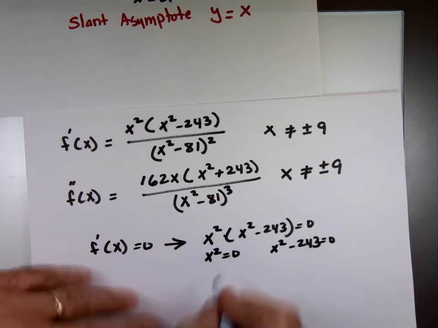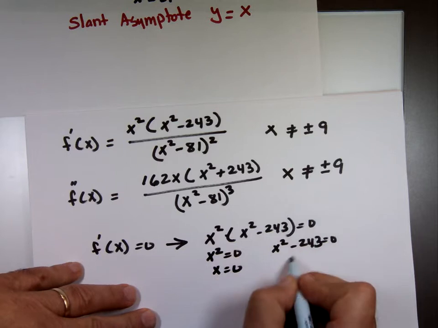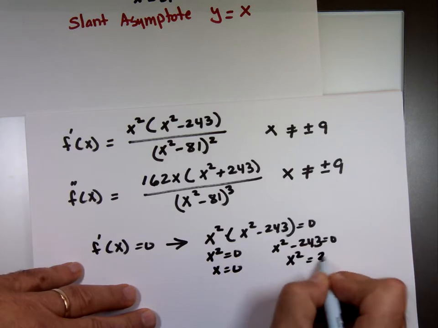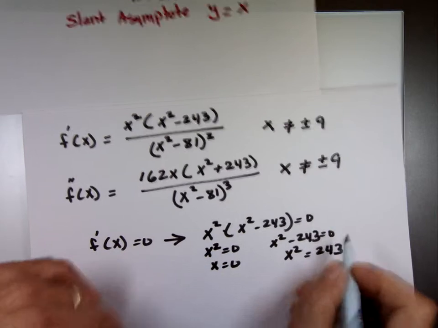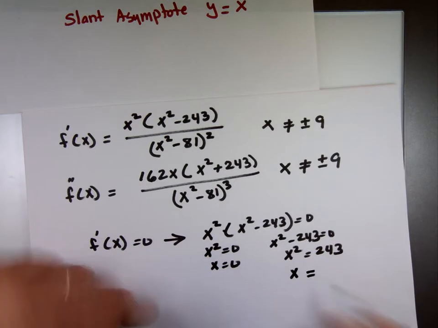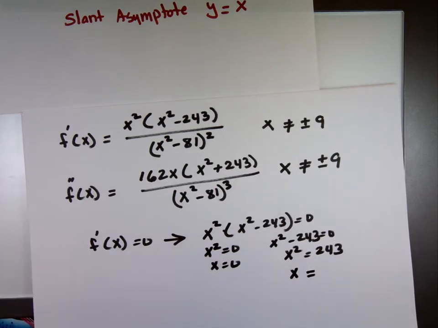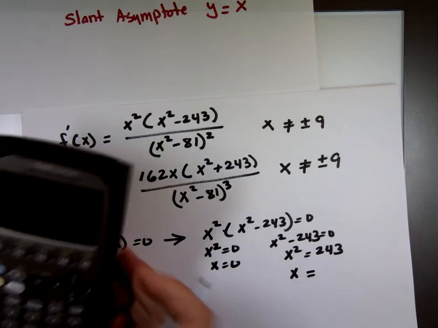This will be x equals 0, and x is going to be the square root of 243, 9 times the square root of 3.